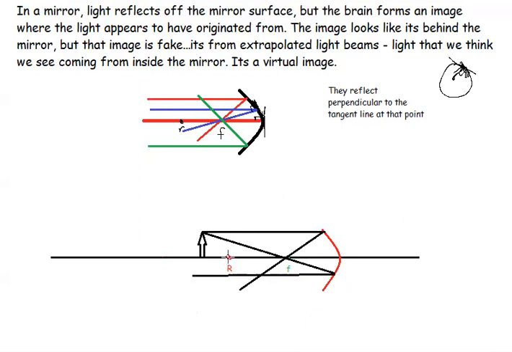Remember that if it goes through the radius to the mirror, it will be reflected back through the radius, because a line from the radius to the outside of the circle will be exactly perpendicular to the tangent at that point. So if we go through the radius, then it will be reflected back exactly, because that's already perpendicular to the tangent line.